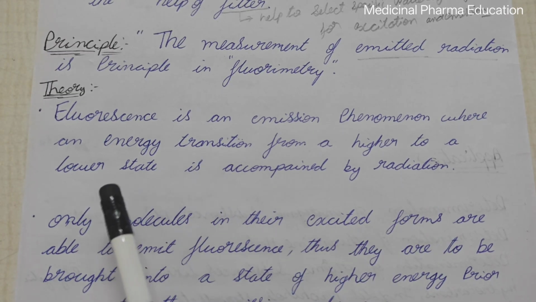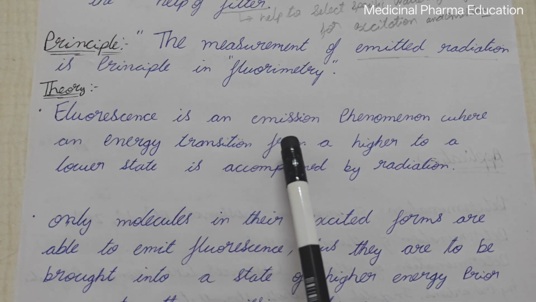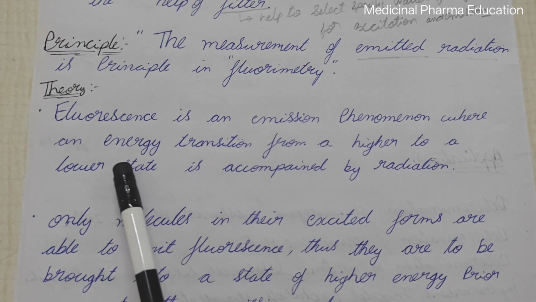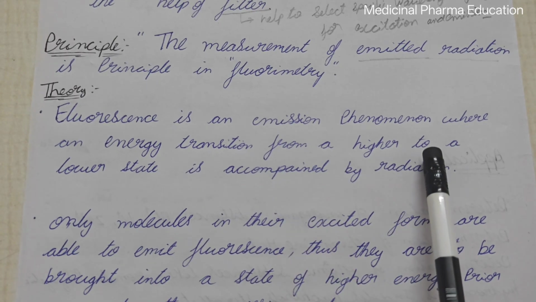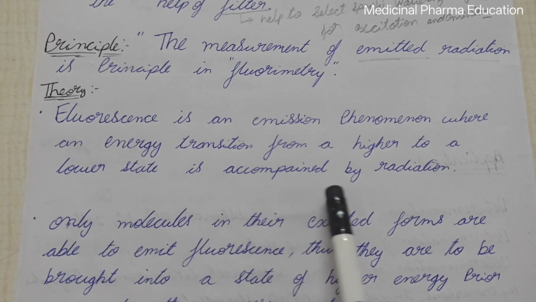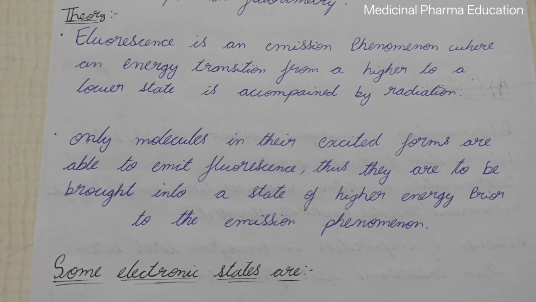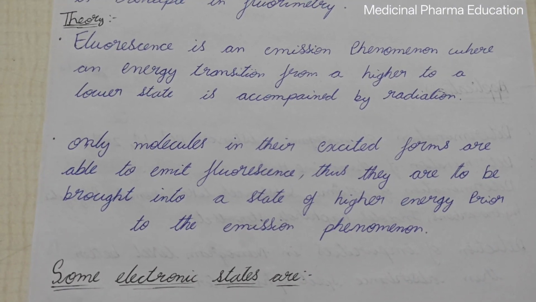Here the molecule moves to the higher state, where it is unstable, and it emits the absorbed radiation in the form of fluorescence and comes to the lower state. This is the basic principle, or the theory, involved in fluorescence. We'll continue with the theory.